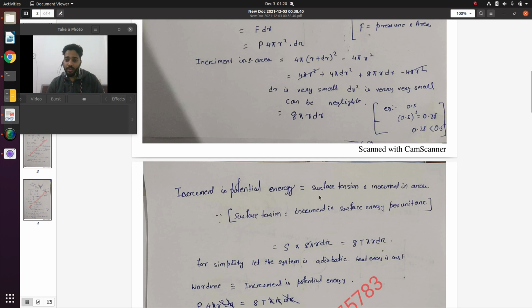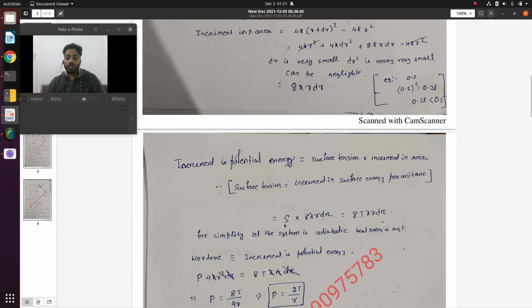Increment in surface energy per unit area into the increase in area gives the total increment in potential energy.